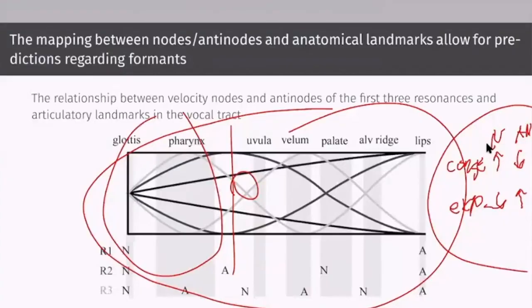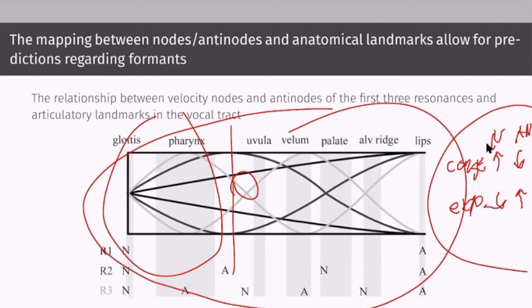So this is R1. And then you have your vocal cords back here. Your vocal cords right here. Oh, okay. Vocal cords, and they're producing F0. So actually, this is back.